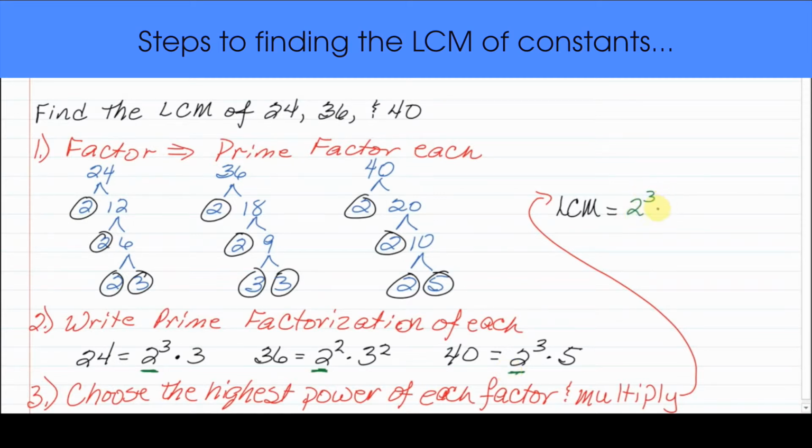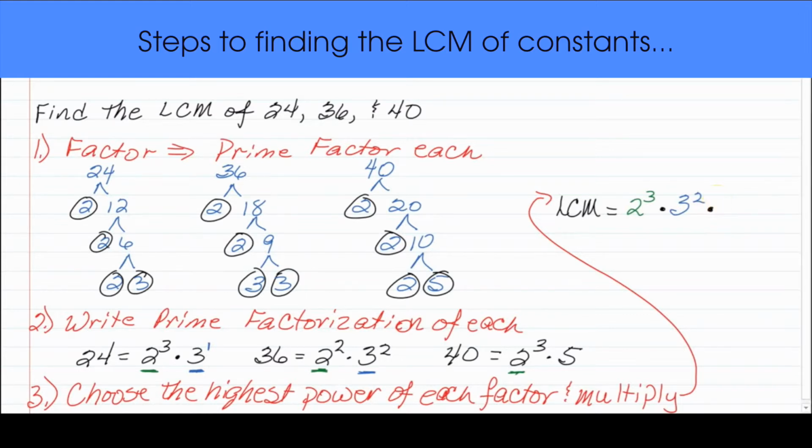So that gets pulled into our product. Next, notice we have a factor of 3. If it does not have an exponent, it's assumed to be 1, if you want to write a 1 there. So we have a 3 to the first and a 3 squared. The highest power is 3 squared.